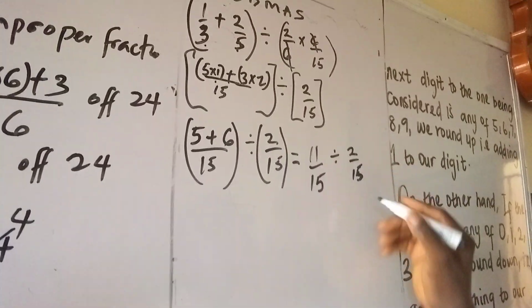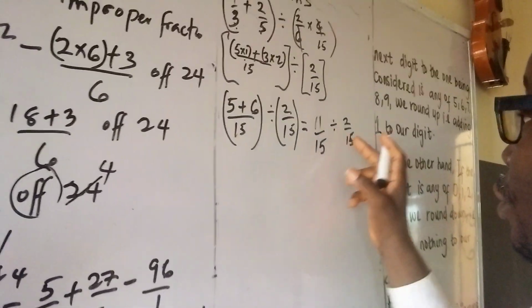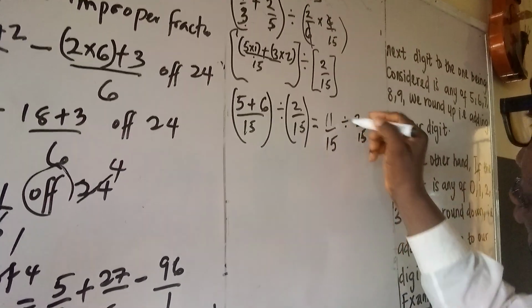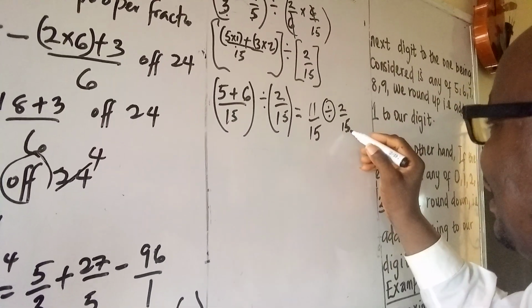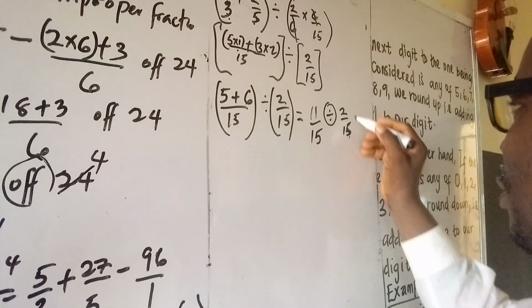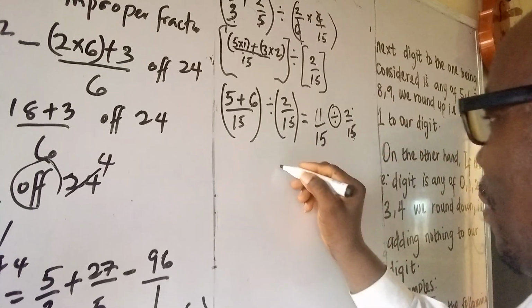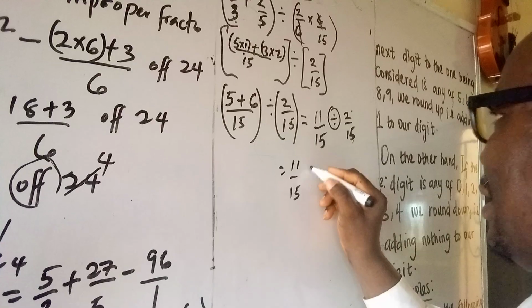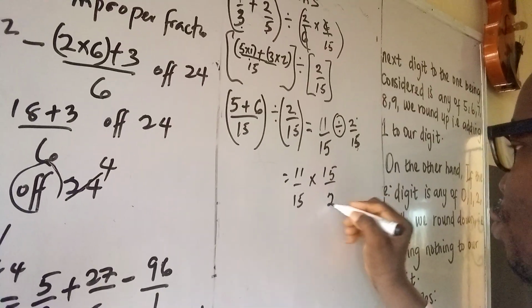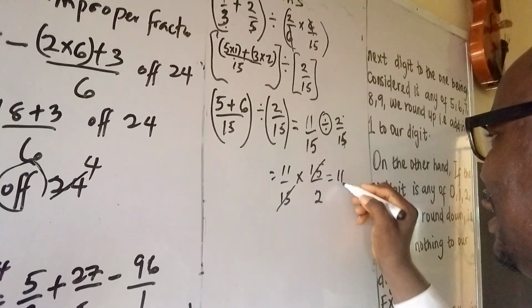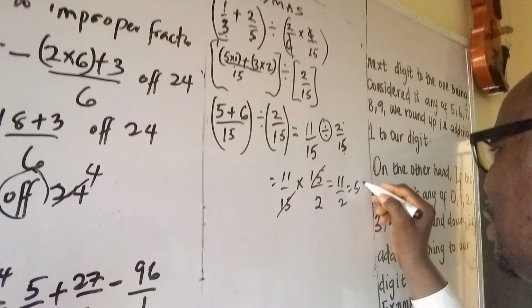Now, to change division to multiplication, this denominator becomes numerator, and this numerator becomes denominator, so I will have 11 over 15 times 15 over 2. This cancels this, that gives me 11 over 2, that's 5.5.